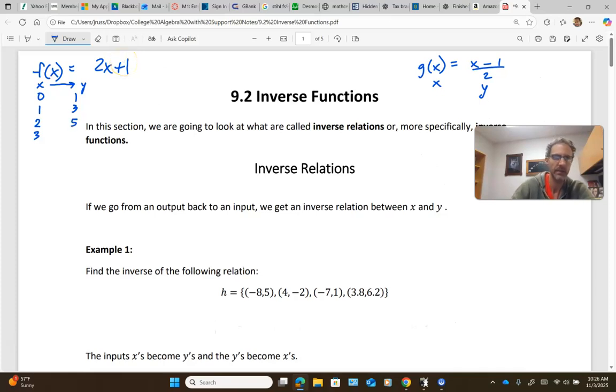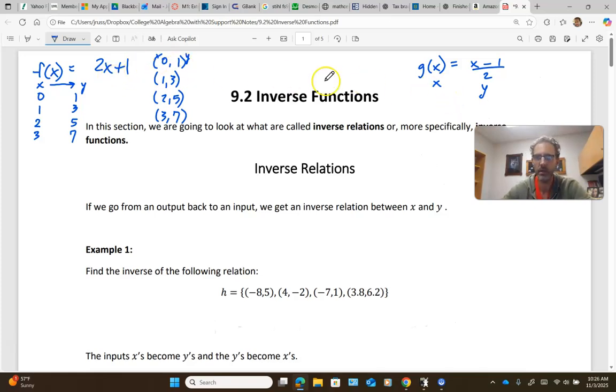And then finally, when x is 3, you're going to get 7 for y. Okay, so I can express these as ordered pairs if I want. And 3, 7. Okay, so we've got our x's and we've got our y's.